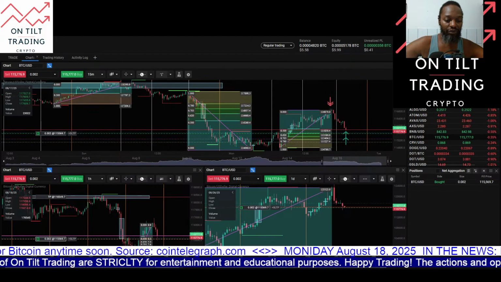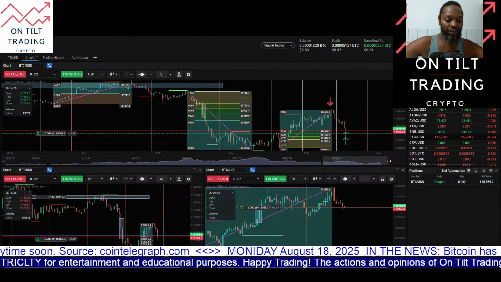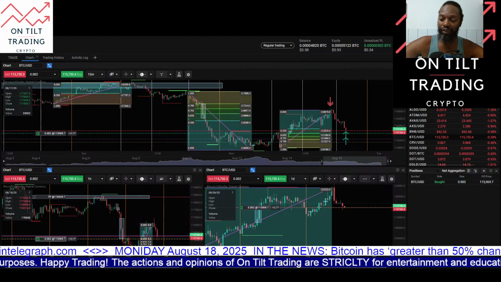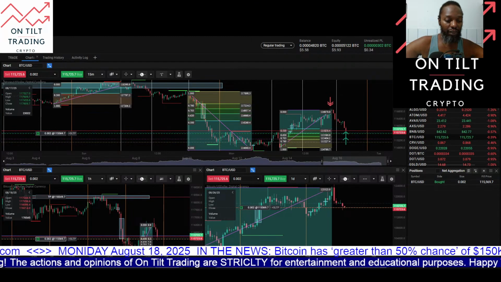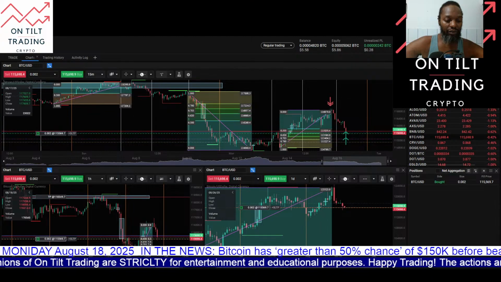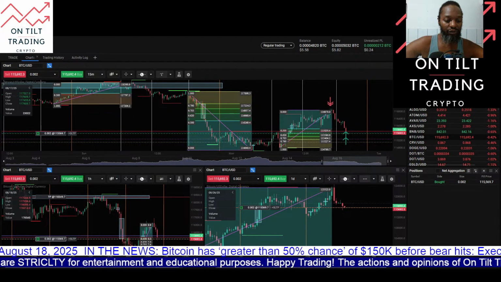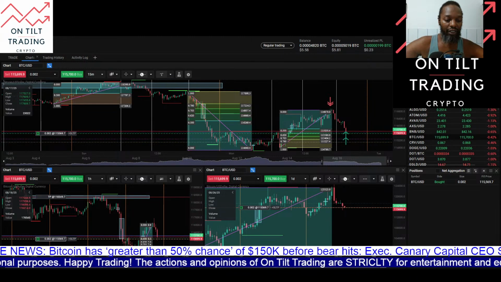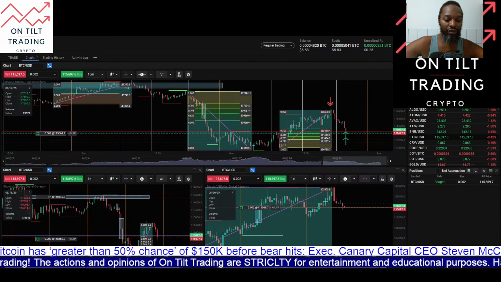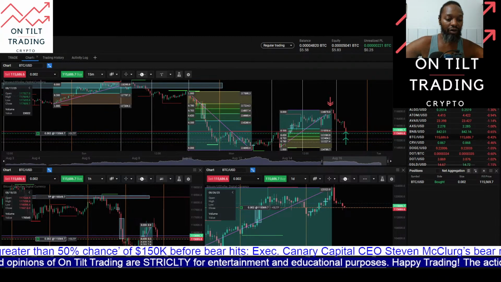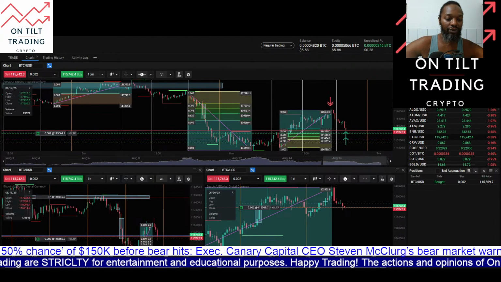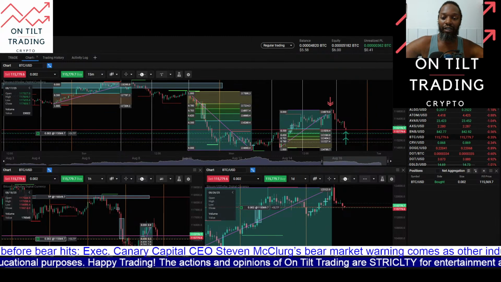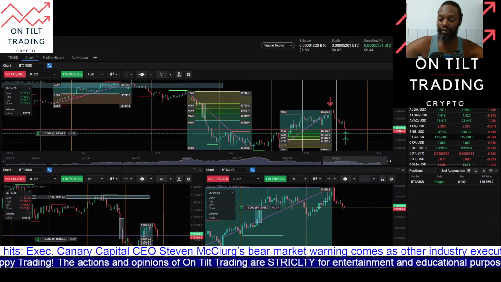So taking this position here is based off of this liquidity level here. So there was sell side liquidity resting below this level here. And you can see in this area, this was swept out here during the session this morning. So now my bias is to the buy side, and my next target is the liquidity from yesterday resting right here, which you can see my take profit is right in line with.